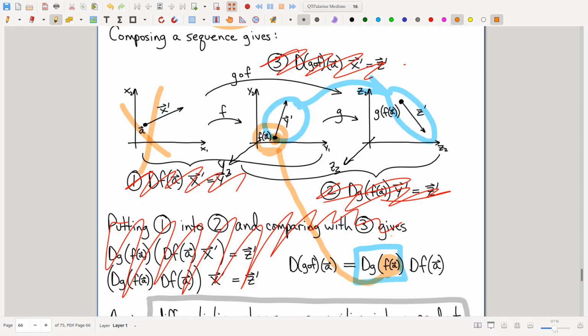I mean, that's where we are when we're plugging into this function. If you're plugging into the g function, what you're plugging in is various different values of y. You're plugging in a point in this y space. That point in the y space is the output from f where you put in A. In other words, this point is f of A. So dg is evaluated at f of A. Does everybody buy that also?